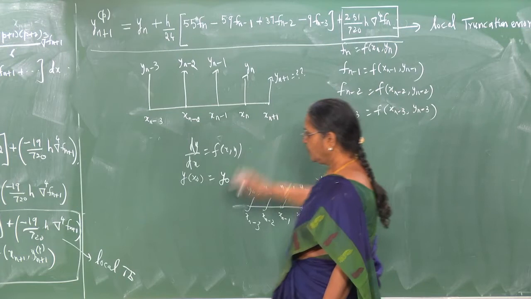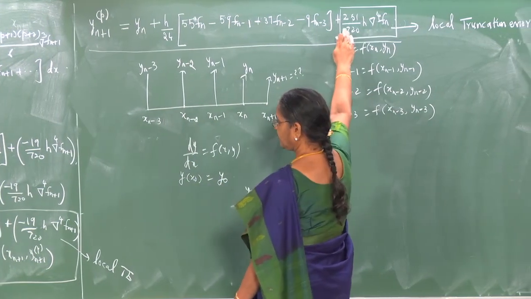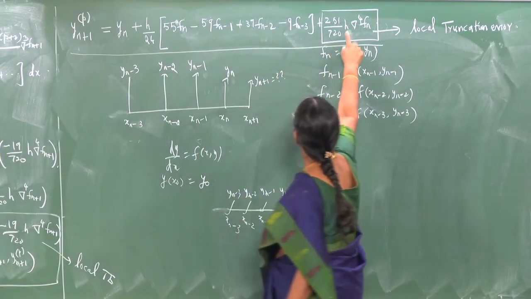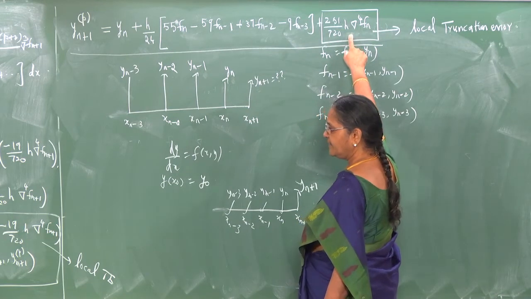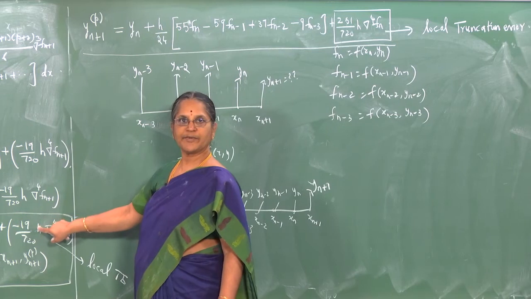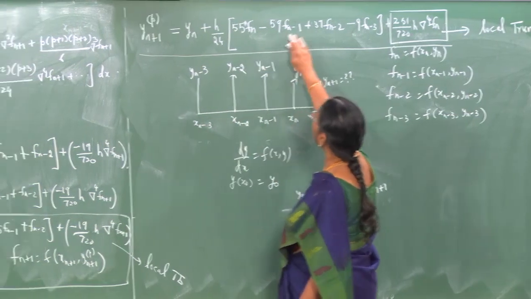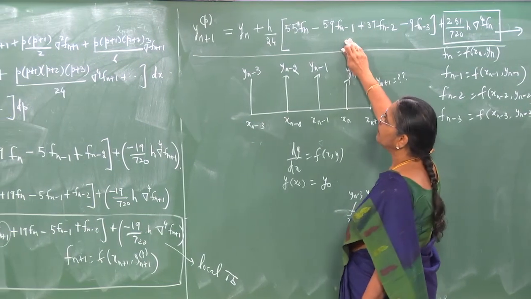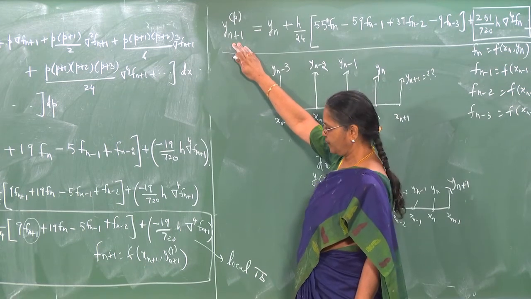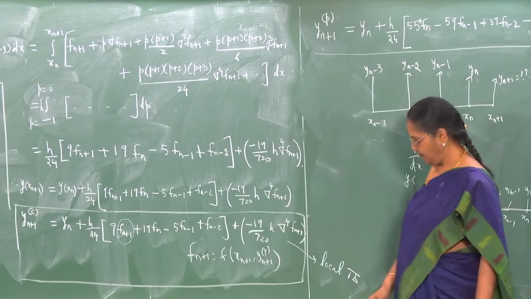You observe that the local truncation error in the predictor method is several times that in the corrector method, and therefore, the error that is incurred by using this method in predicting the value of yn plus 1 is corrected using the corrector method.